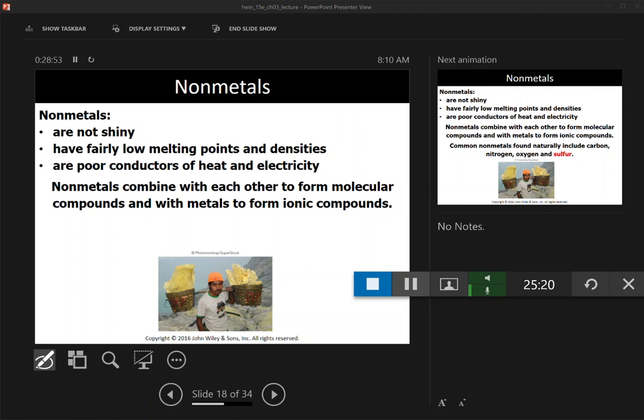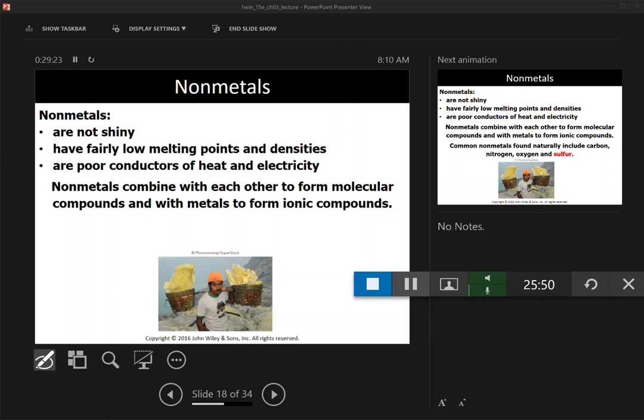Now let's look at the general properties of nonmetals. So these properties that I show you for the metals and nonmetals are physical properties, meaning these are the things that we can use to easily tell if something is a metal or a nonmetal. So nonmetals are not shiny. The reason metals appear shiny and nonmetals are not is because of the electrons.